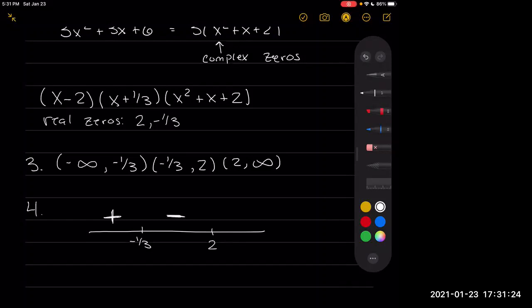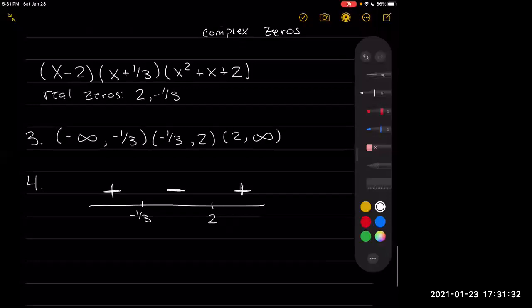And if we pick a number bigger than 2 and plug it in, we get a positive value. Then if we check our endpoints of -1/3 and 2, we will see that these do not satisfy because we only have a strict inequality.